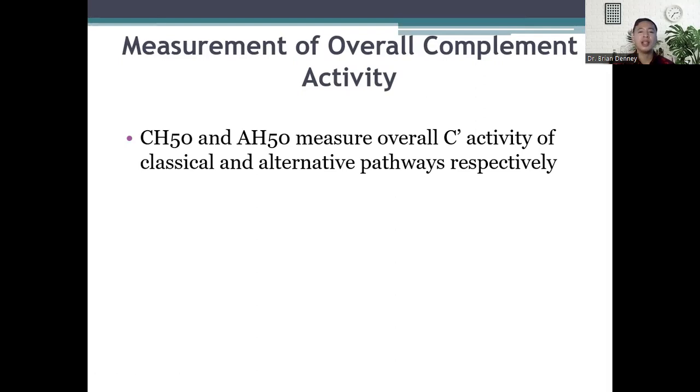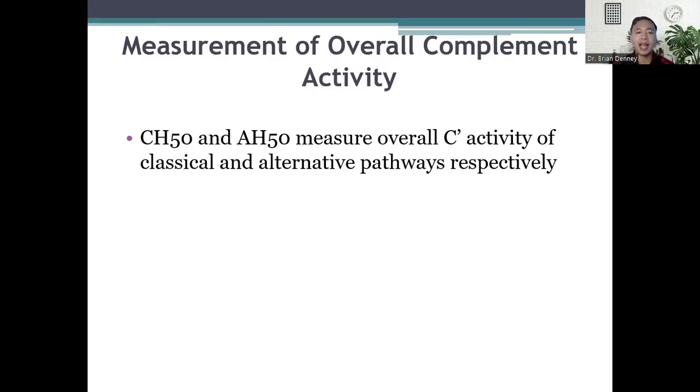Now, if your CH50 is positive for deficiency, whereas your AH50 is negative for deficiency, meaning there's nothing deficient there, what we do is we test for individual complement proteins found in the classical pathway.